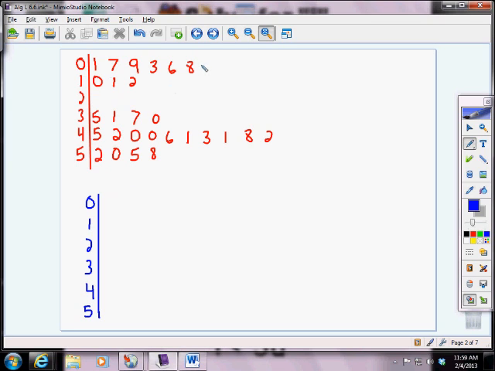And then you can just put these in order. Now some people like to go directly to an ordered stem and leaf plot, and you can do that, but sometimes it gets confusing because you might miss a number here or there and you end up erasing. So I like to do an unordered stem and leaf plot first. And then I can see, well, 1 comes first, then 3, then 6, and then 7, 8, and 9.